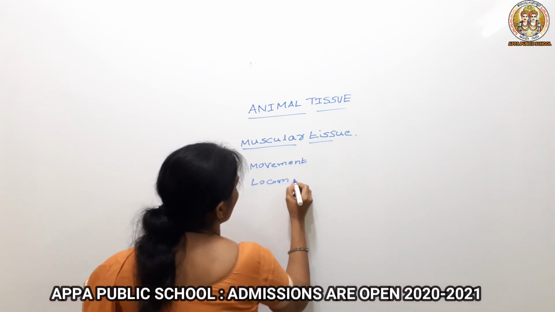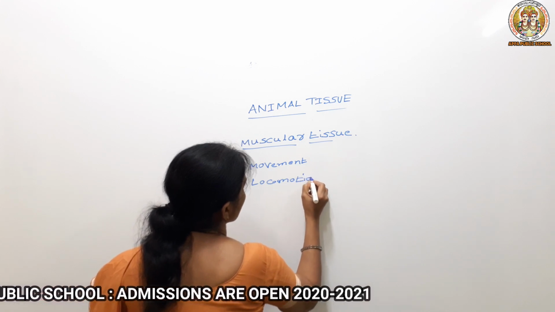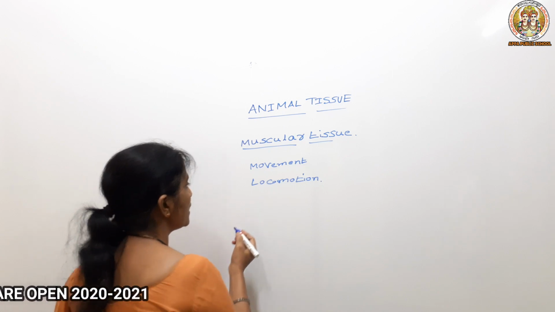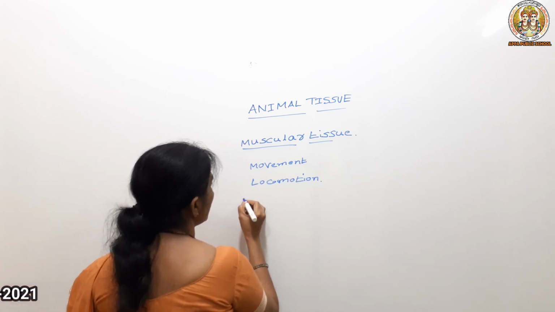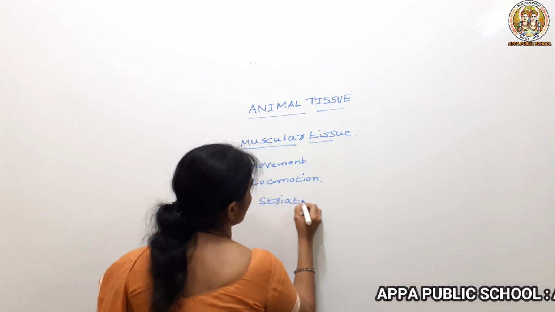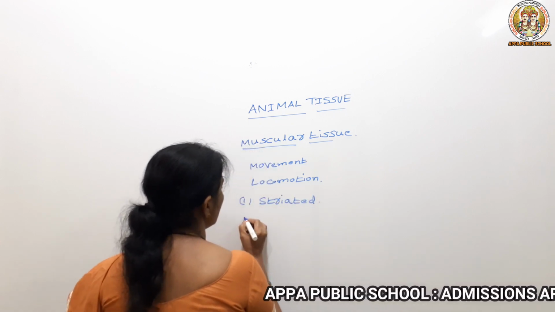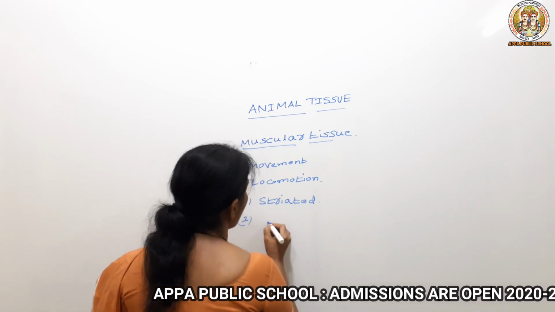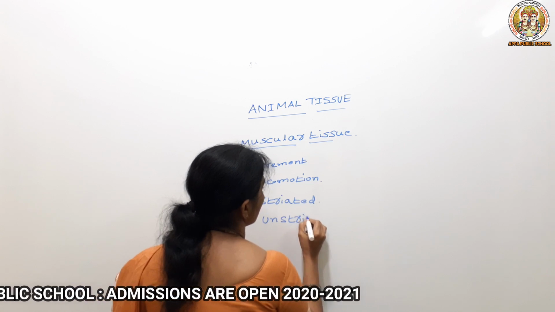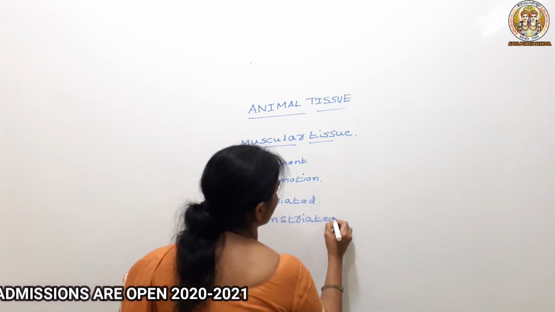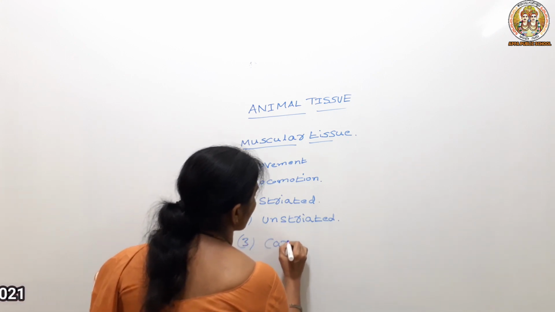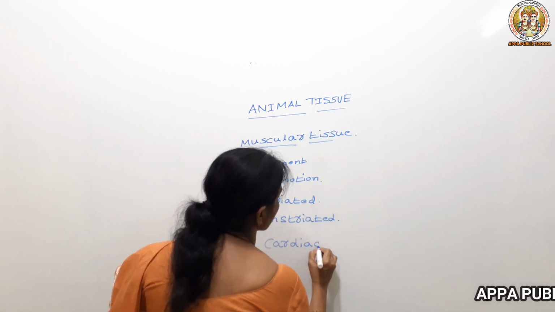Depending upon this locomotion, muscular tissue is mainly divided into three types: striated muscular tissue, second one unstriated or non-striated muscular tissue, and third one cardiac muscular tissue.